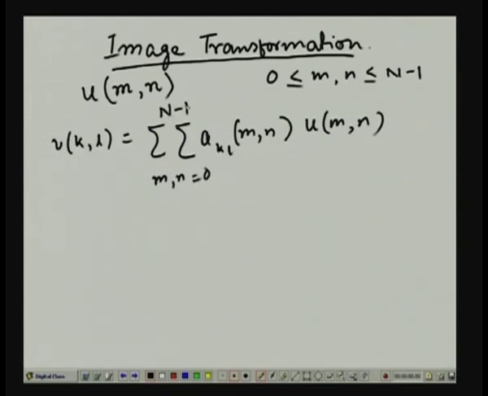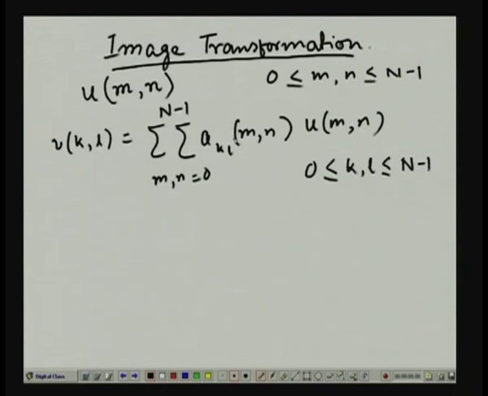Here A k l is a matrix again of dimension capital N by capital N, but in this case the matrix itself has an index k l, and this computation of V k l has to be done for 0 less than or equal to k, l less than or equal to capital N minus 1.